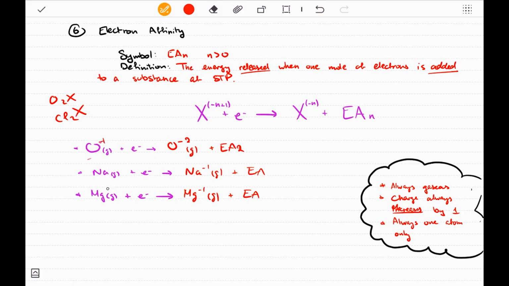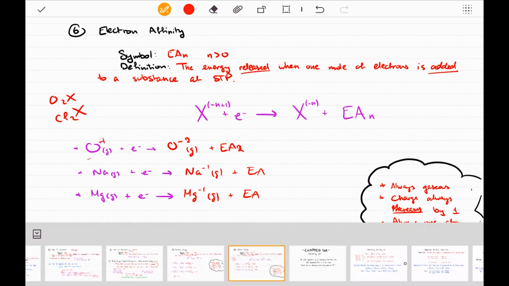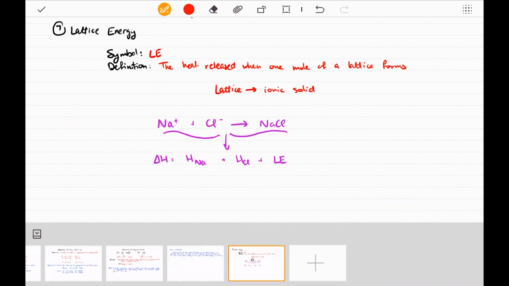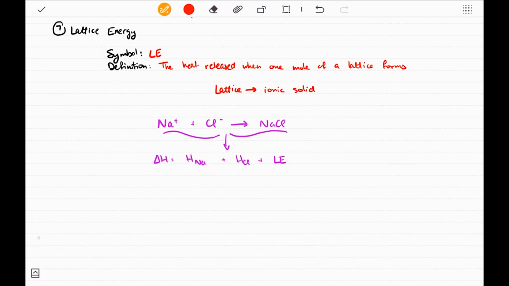The last type of energy I'm going to be talking about is lattice energy, which is discussed in much more detail in other chapters, which is why I'm just going to talk about the definition here. We represent it by LE, standing for lattice energy, and the definition is the heat released when 1 mole of a lattice forms, where a lattice is any ionic solid, such as NaCl, MgSO4, anything like this.